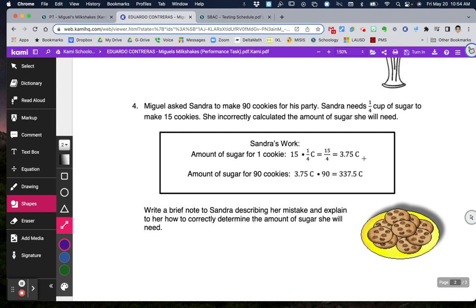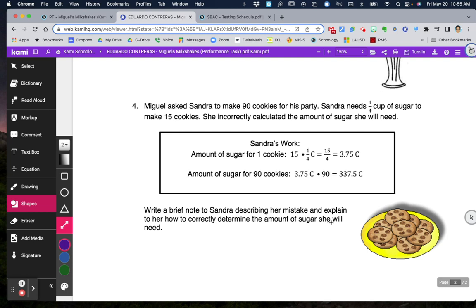The amount of sugar for 90 cookies. So she did 3.75 times 90, and she says it's 337.5 cups of sugar. So she multiplied her answer from the previous part times 90, and this is what she got.